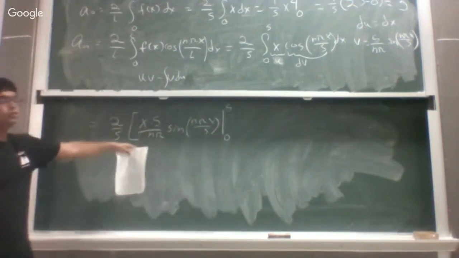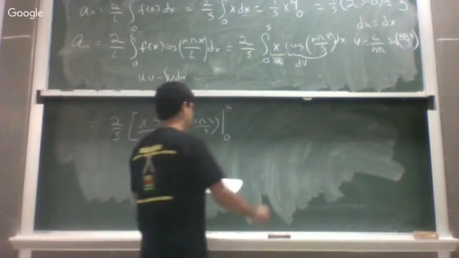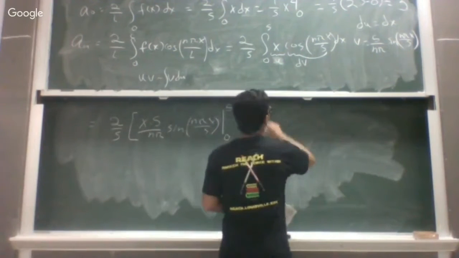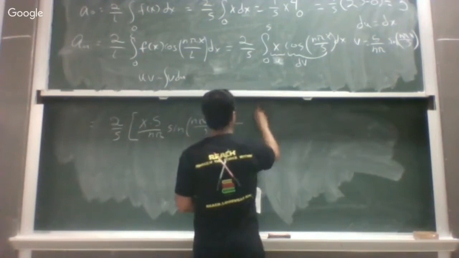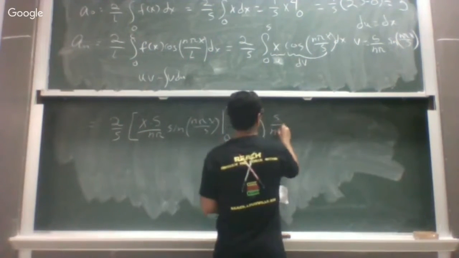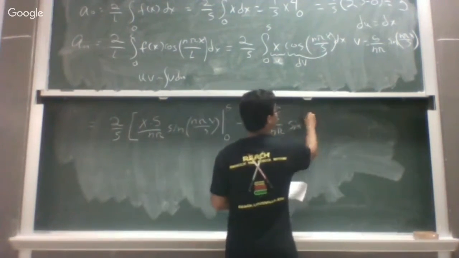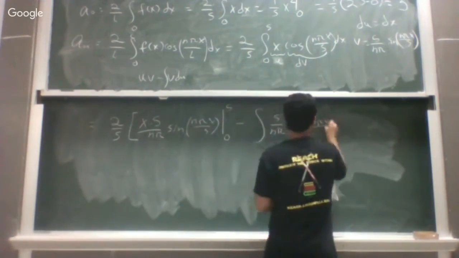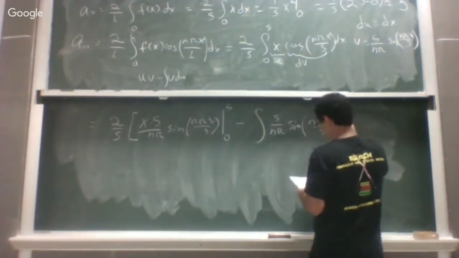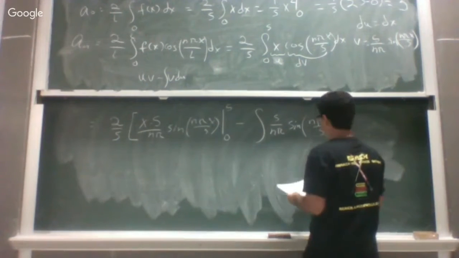Right? That's uv minus v du. So it's the integral of v, which is 5 over n pi times sine of n pi x over 5, times du, which is dx, going from 0 to 5.